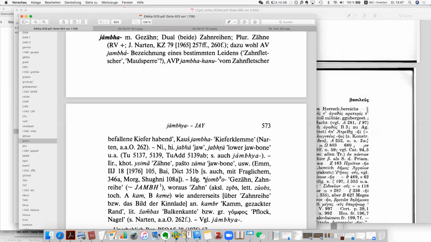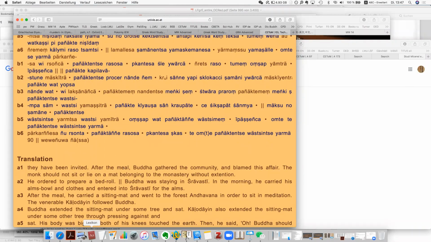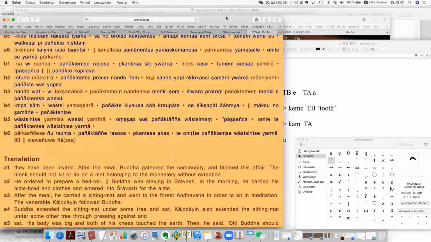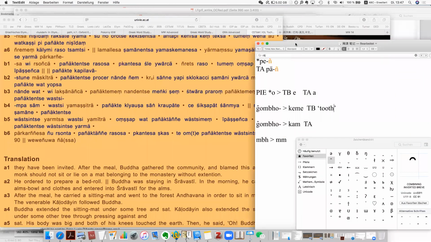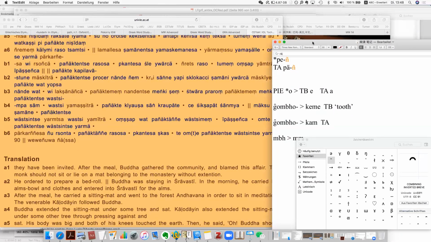And so probably this is enough for grammar. So let's probably read some texts. So now we probably don't need to read the Brahmi script again.